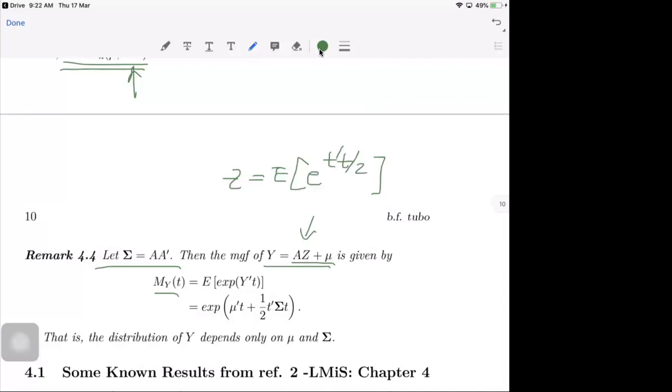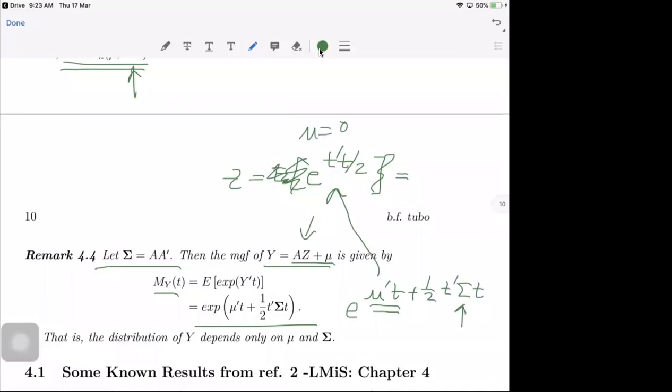In this transformation, the moment generating function will be, so this is equal to, there is no more expectation, e to the t prime t over 2. But in this transformation, the moment generating function is e to the mu prime t plus 1/2 of t prime sigma t. Because your mu is 0 here, that term disappears.